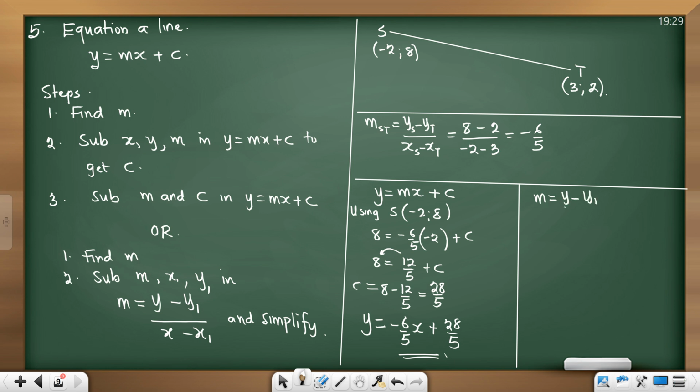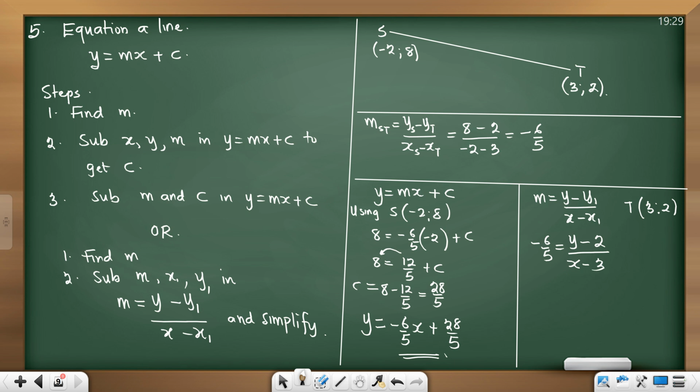y minus y1. Okay, here I'm going to use point T. What is point T? Just to check. What is my gradient? Negative 6/5 equals y minus, what is my yt? 2 over x minus, what is my x value of t? 3.